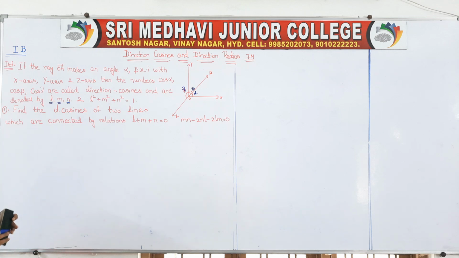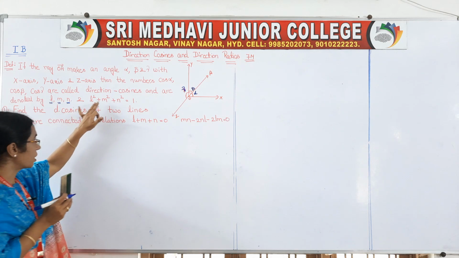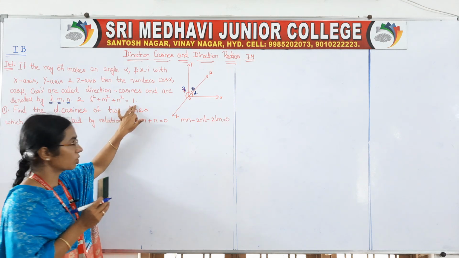There is one relationship between L, M, N, that is L square plus M square plus N square is equal to 1.